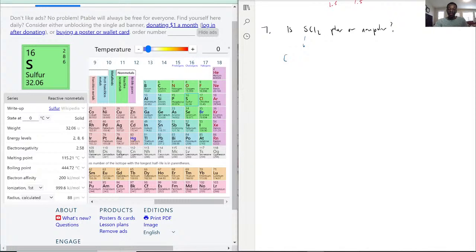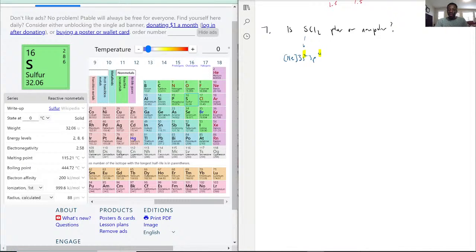So we have, at least in the shorthand noble gas notation, we'll start with neon, and then we go over to 3s2 because it's on the third row, and 3p4. You'll notice that even this supports that sulfur has 6.